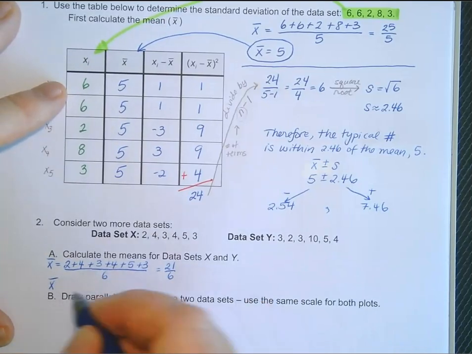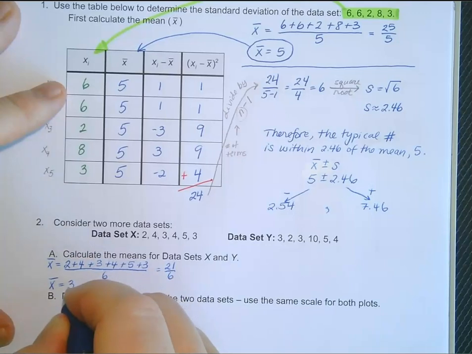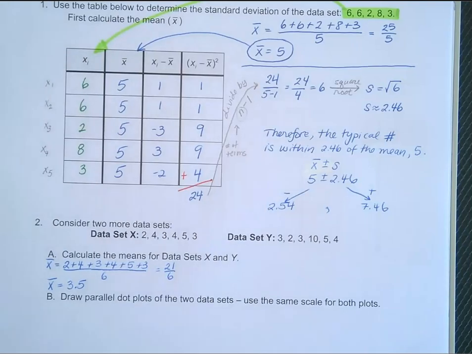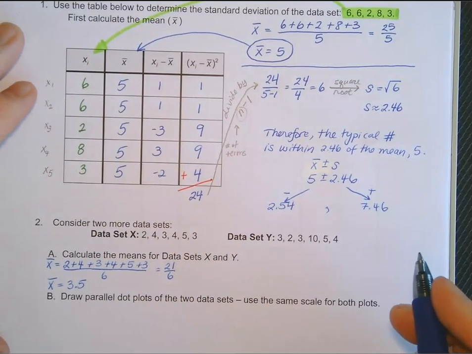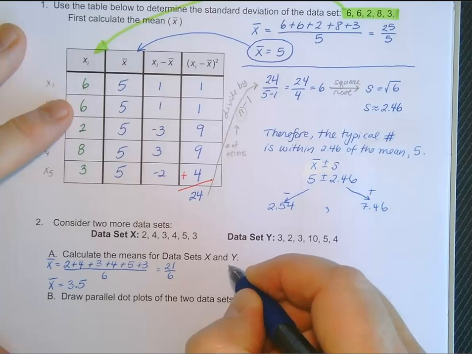And so you can see that X bar is going to be 21 divided by 6. I'll just tell you it is 3.5. Are we okay with that? Let's do it for data set Y now.